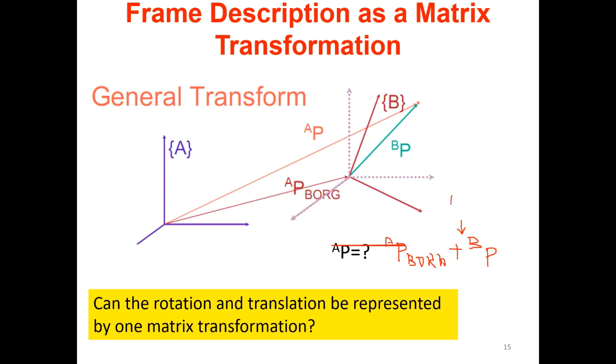ABR. ABR, that's right. So I write it like this, ABR BP. When you do that, this vector will be described, same vector, but with respect to A. After that, you can add them together.